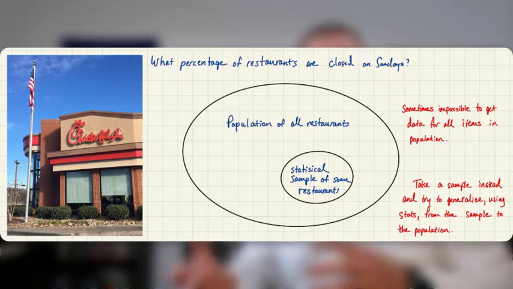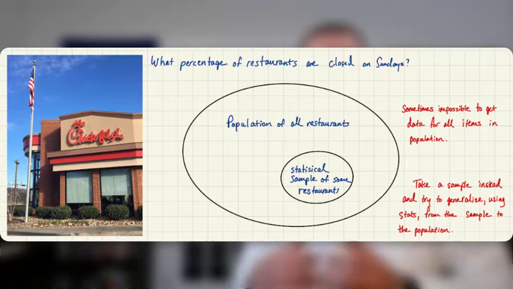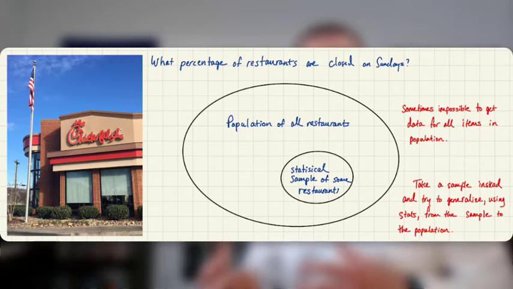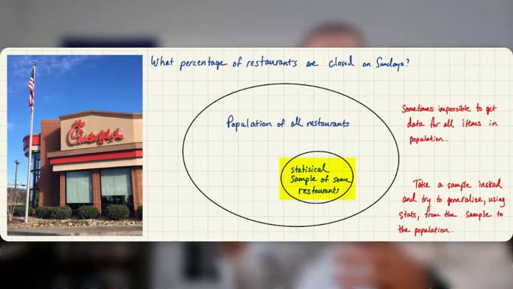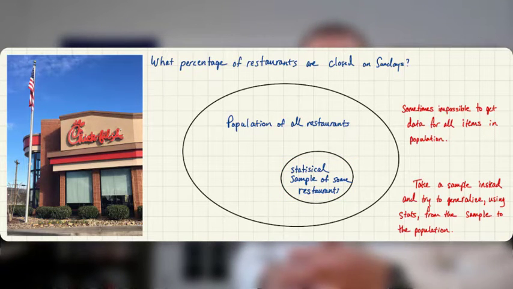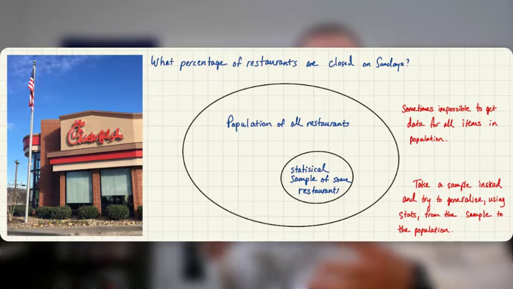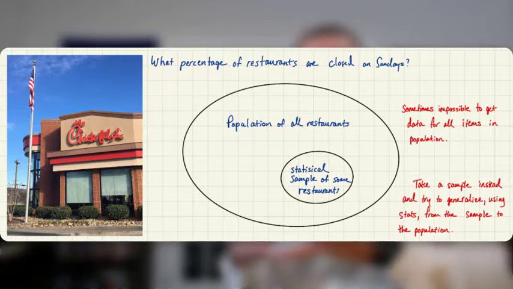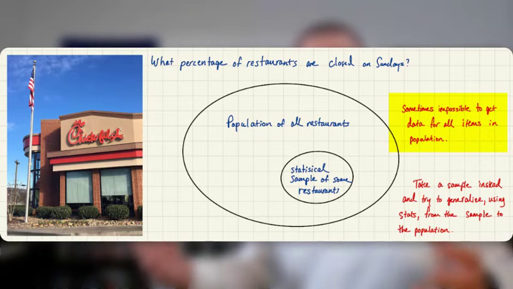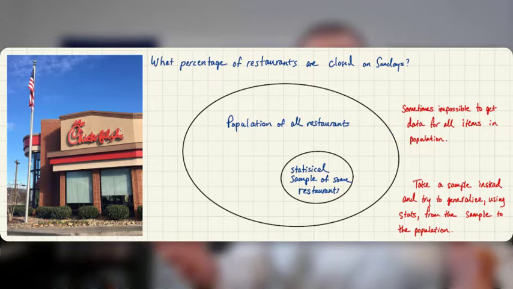So what we can do instead to figure out an answer to our question is we could take a sample, right? So we could take a statistical sample of restaurants that hopefully represent the broader population. We can't possibly look at every single restaurant in the entire United States, but we want an answer to this question.